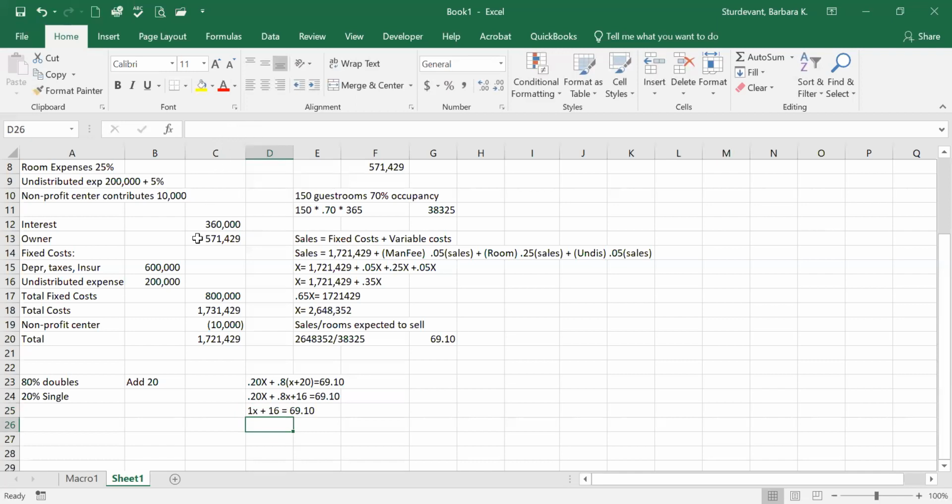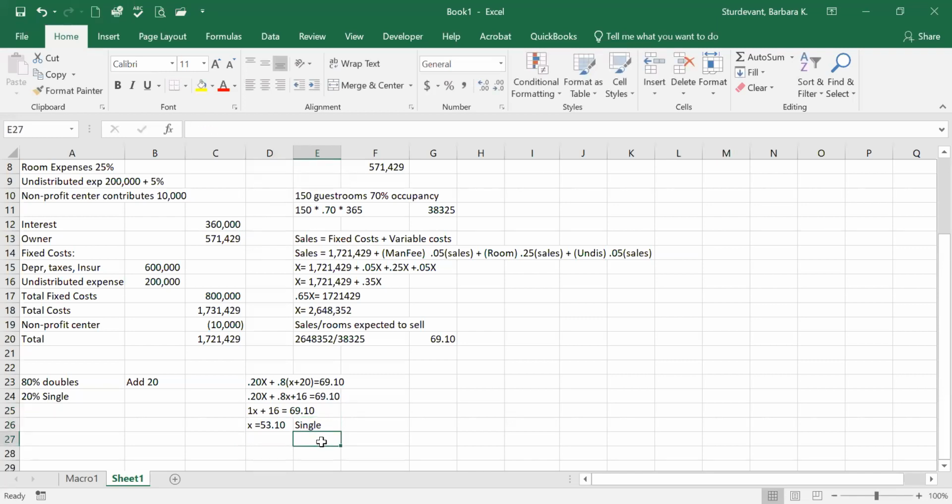Then we're going to subtract 16 from both sides so that x equals 53.10. So the 53.10 would be the price that we would have to charge for our single.